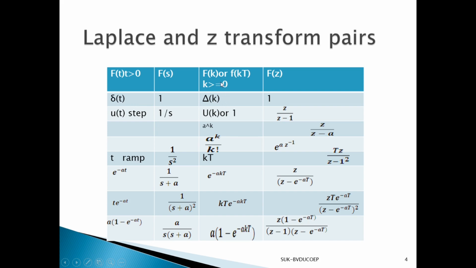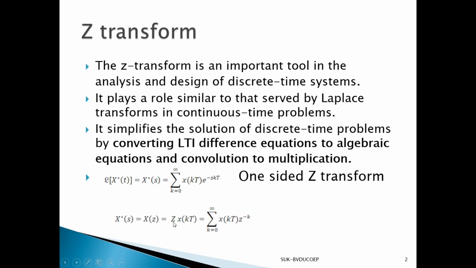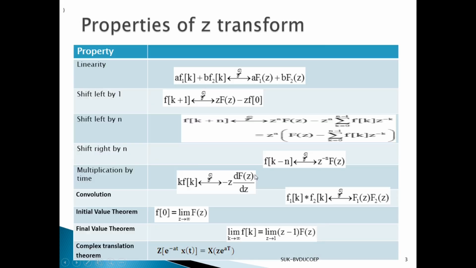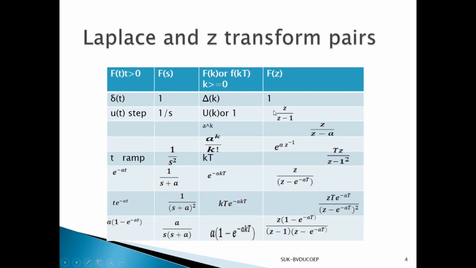And here this is fk, a sampled signal, fk or fkT for k greater than 0, delta k. By the definition, everything is calculated as sigma xkT into z raised to minus k, using those fundamental principles. This will be required every time in our examples.